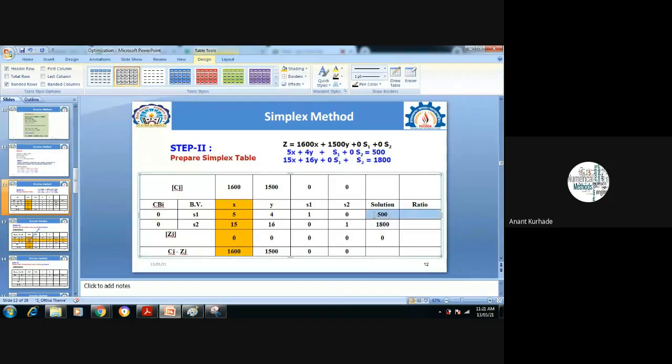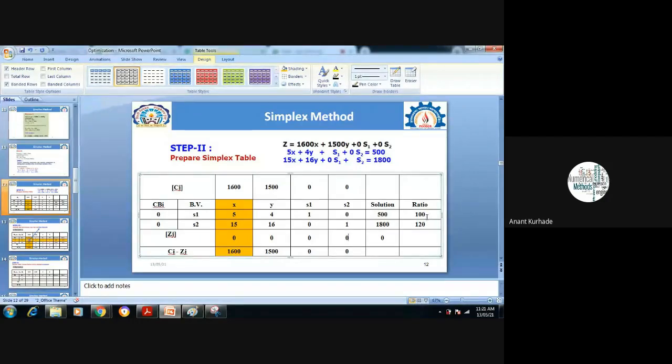Okay, so go through here like this. So here it is 5. You can divide 500 by 5, it is 100. And second it is 1800, so here you can write 1800 divided by 15. So it is 120. So up to this we have the values 100 and 120. In order to find the key row, take the smaller value.